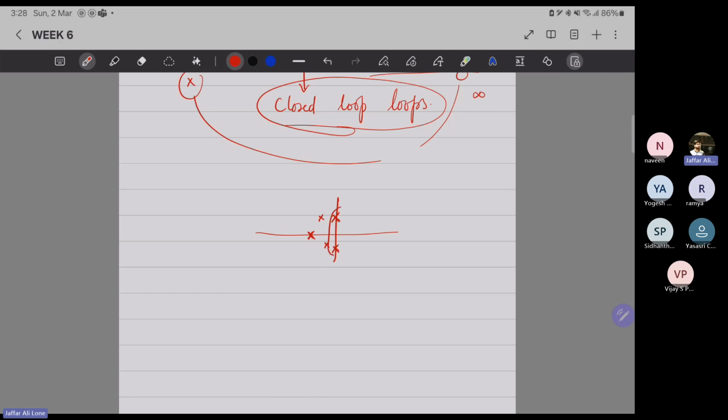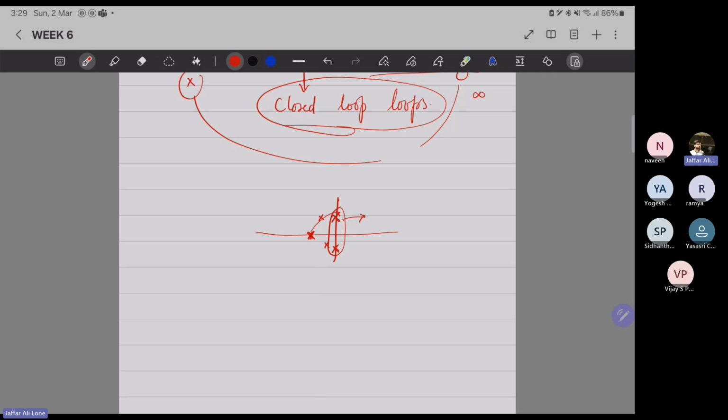So this is the amount of gain that I increased from the initial point in taking my system to the verge of instability. What is verge of instability? Marginal stability. So I took my system from being stable to the verge of instability, or I'm making it unstable. So the amount of gain that is required is called gain margin.